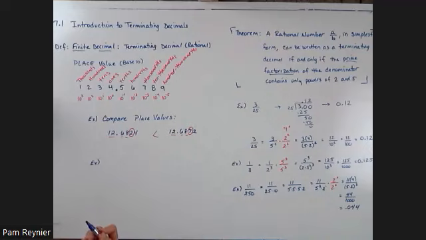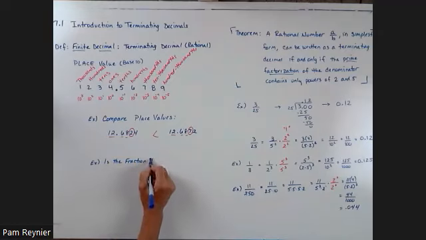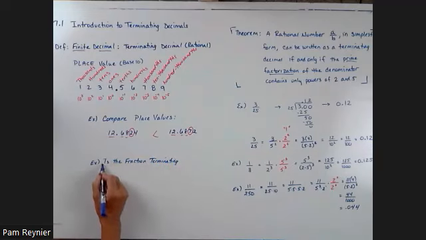Okay. Now, same idea. Let's say I give you, is the fraction terminating? Well, let's say I give you 14 out of 35. You might go, ooh, 35 is 5 times 7. Oh, you're right.